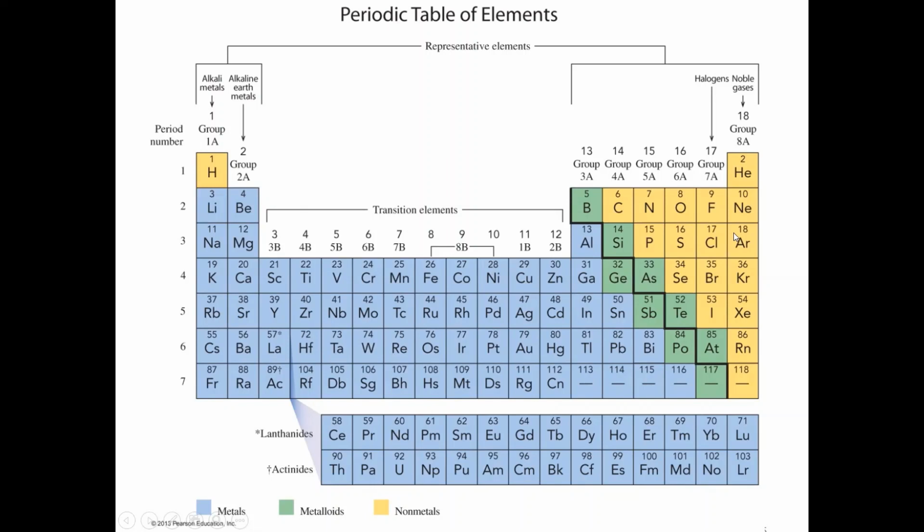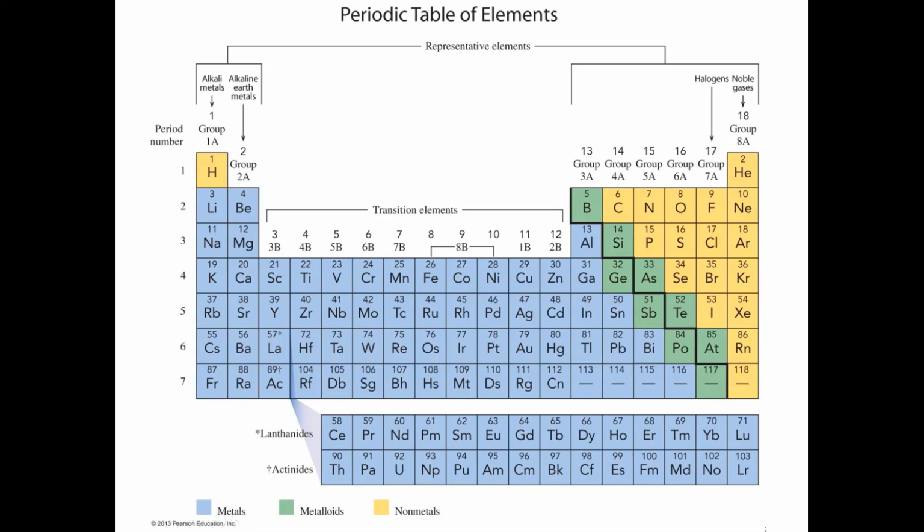Now there's different colors on this periodic table. All of the elements that you see that are blue are metals. So anything basically to the left of this little step here, this black line, are metals. Everything to the right of the step, where we see this yellow color, are nonmetals.